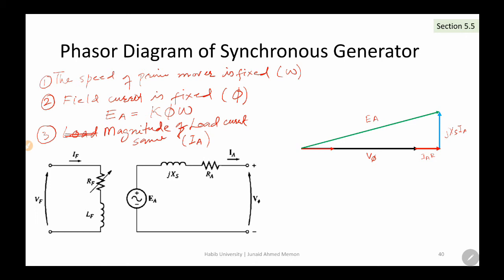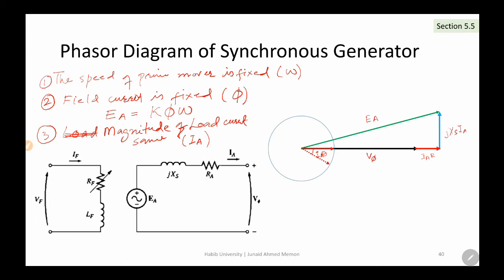First of all, we say that our load current is fixed. This is our load current, IA. So the load current cannot cross the circle boundary. It should remain inside the circle. If we are considering the inductive load, it will look like this, with a phase shift of angle theta.